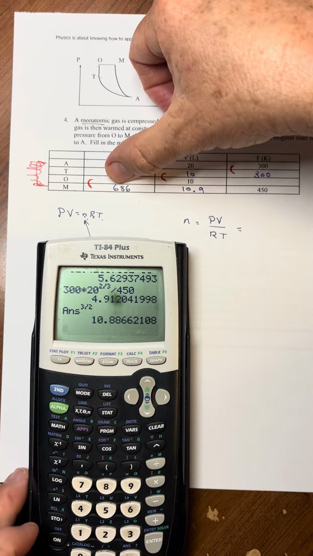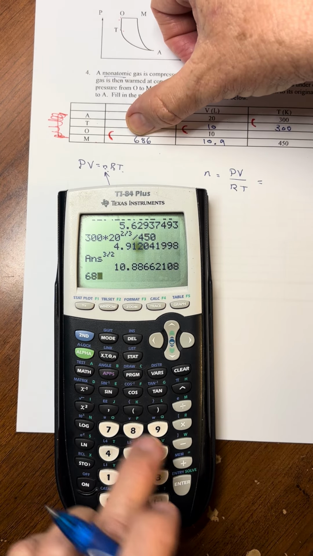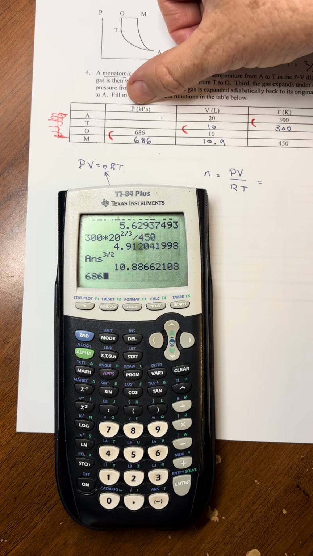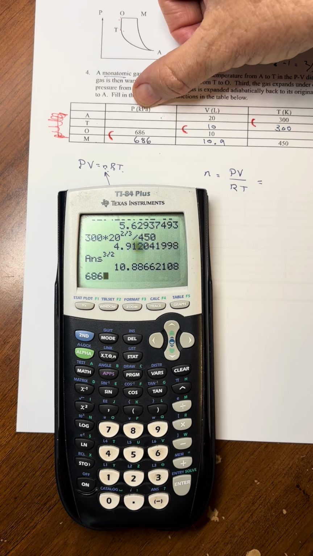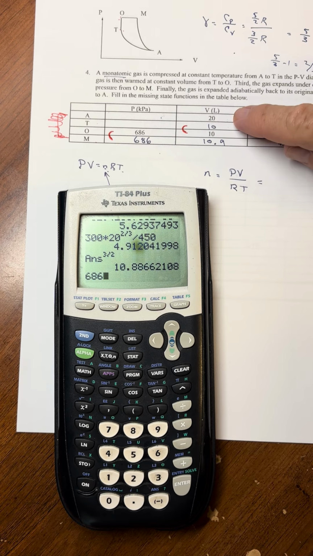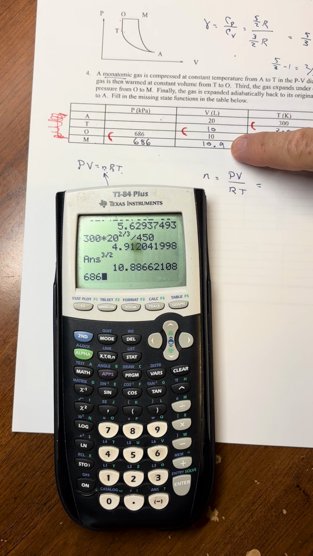So my pressure is 686, and I guess I have a decision to make. Usually I like to do pascals, so I need to multiply that by 1,000. But I also like to do volume in cubic meters, which means I've got to divide that by 1,000.